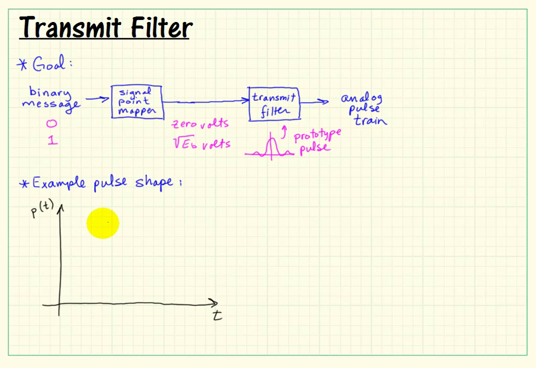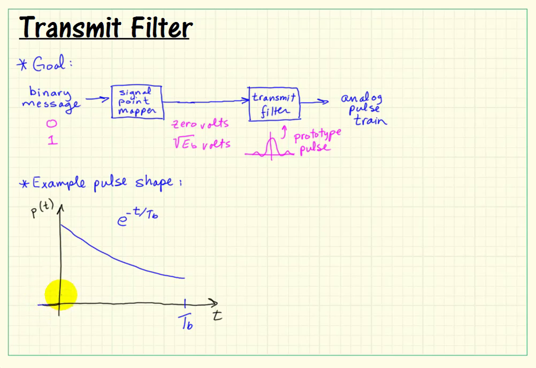Now, to have something tangible and fairly easy to work with, I'm going to use a decaying exponential for this running example. This has the form of e to the minus t over t sub b, and you're hopefully familiar with this from looking at first order circuits, transient responses like RC circuits and so on.